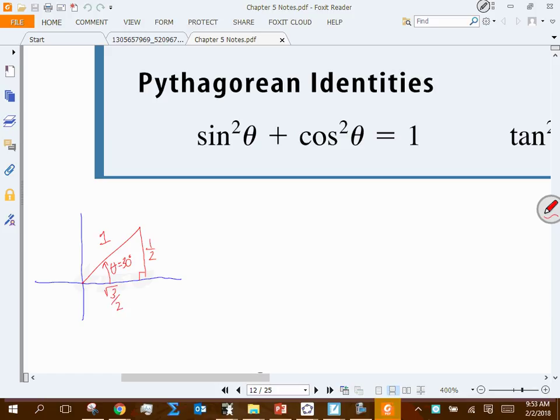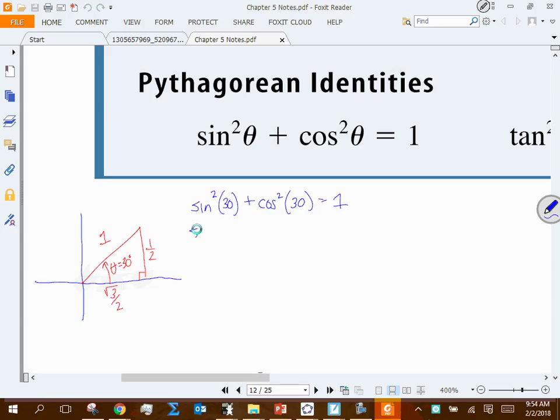Okay? Now, what I want you to understand is that this is true regardless of theta. And I'll hopefully have time to prove this to you with GeoGebra. But let's say sine squared of, for our particular question, 30 degrees plus cosine squared of 30 degrees is equal to 1.